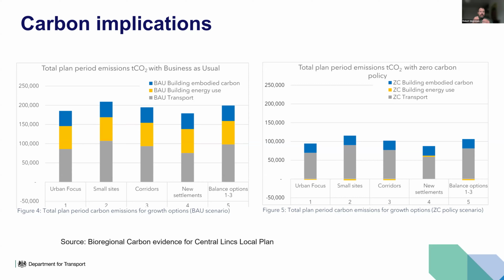And what you tend to see in these, and this was from the Central Lincolnshire local plan, is that as a result of having a local plan in place, basically all carbon emissions from everything except transport is reduced significantly. And this shows that we're not really doing things in a meaningful way to support sustainable growth. Next slide, please.